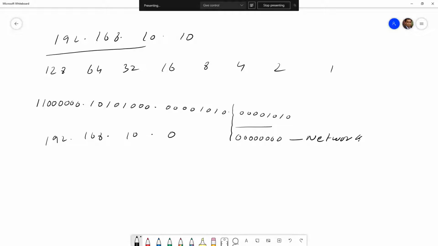Sorry, so this is 0. That will be my network portion, and network portion means all the host bits will be off. The definition of network portion: all the host bits must be turned off.